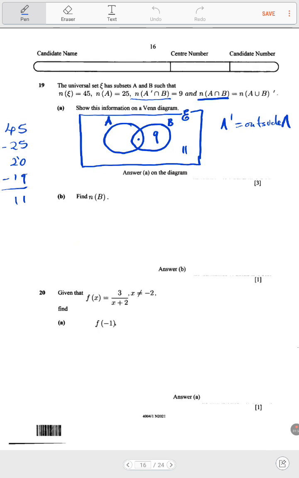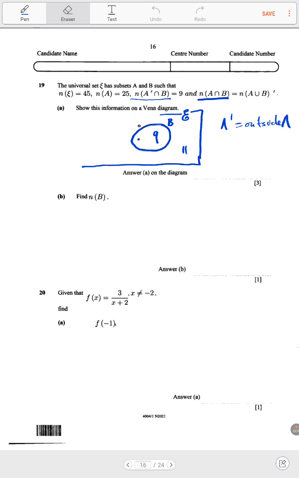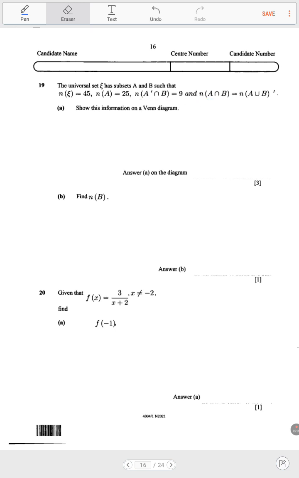And we move on to number 19. So I'm just going to erase everything that was here so that we can answer properly. Number 19 says the universal set has subsets A and B such that the number of elements in the universal set is 45, number of elements in A is 25, number of elements in set A prime intersection B is 9, and number of elements in A intersection B is equal to the number of elements in A union B prime.